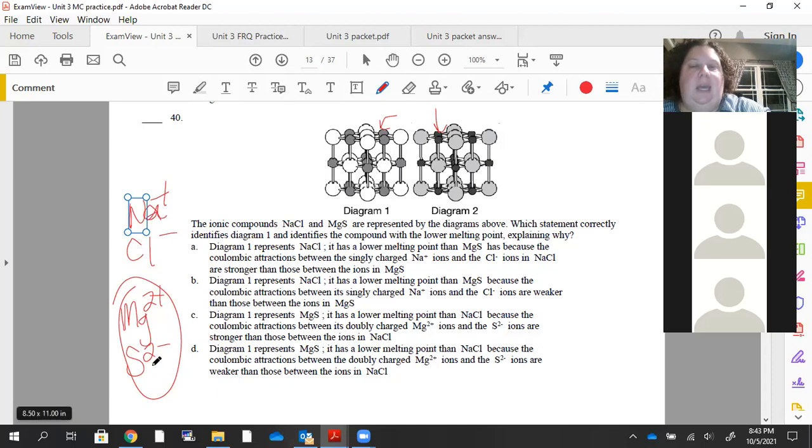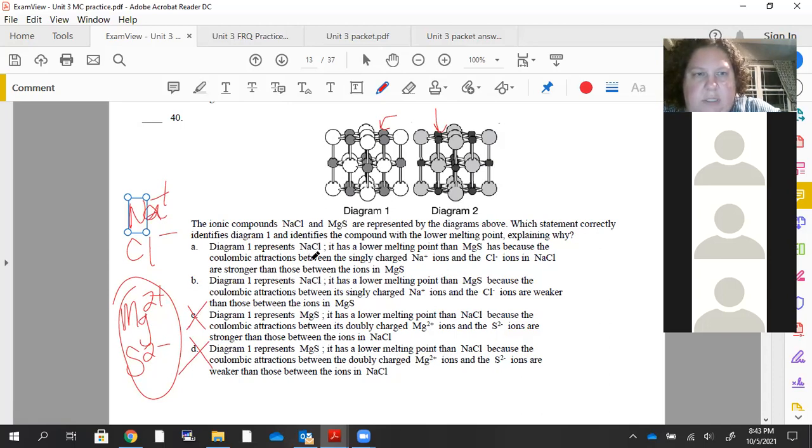So MgS is going to have the higher melting point. So can we kick anything out? MgS has a lower melting point than NaCl. That is not true. That one is out. So we're stuck with diagram 1 representing NaCl.